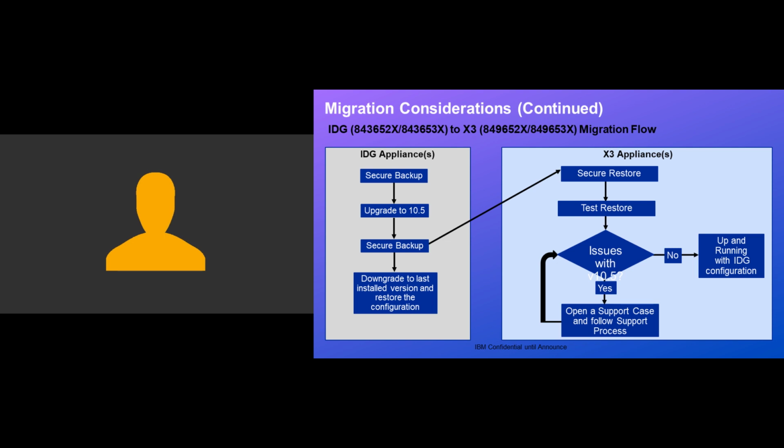One of the things that we are doing in parallel to help clients who want to move from IDG to an X3 prior to that, we will be publishing at the end of this month a document that's a step-by-step migration guide using export-import to simplify the migration from the IDG to the X3.